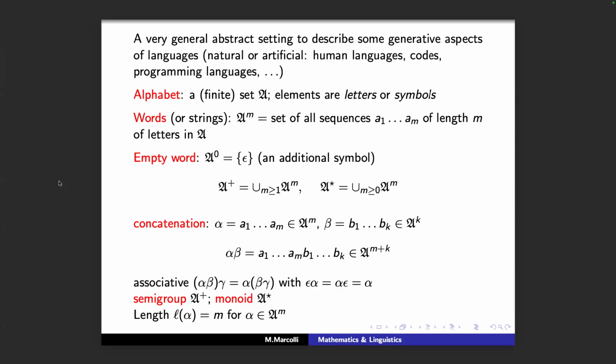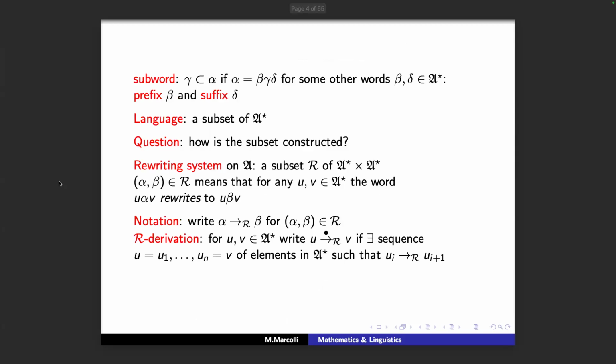This is either a semigroup or a monoid under the simple operation of concatenation. A text is an arbitrary string of words, and concatenation of texts is an associative operation. A subword is just some substring of the string, and that also determines the prefix and the suffix once you have a subword.